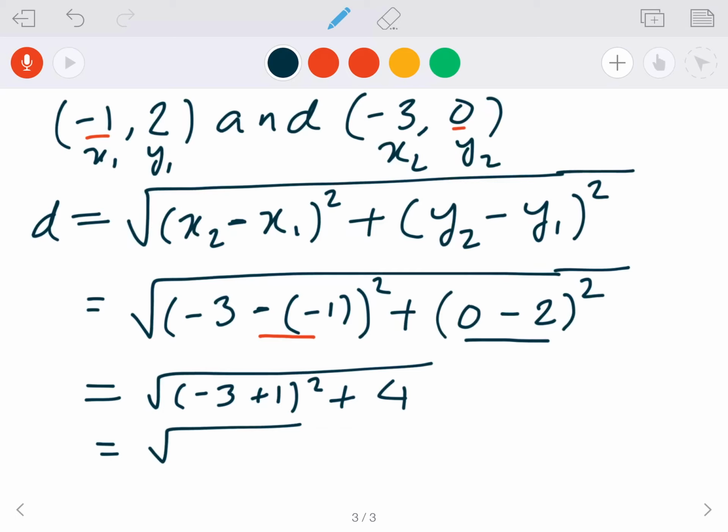Negative 3 plus 1 is negative 2, and negative 2 squared is positive 4. Again, 0 minus 2 is negative 2, and negative 2 squared is positive 4. So 4 plus 4 is the square root of 8. We're not done yet.